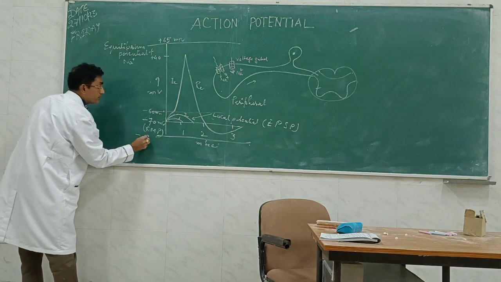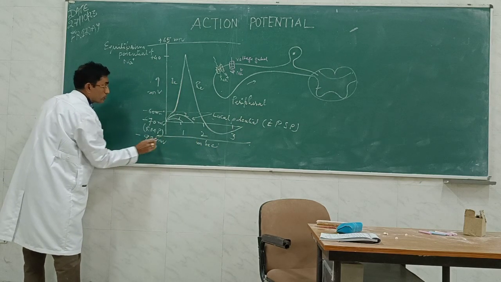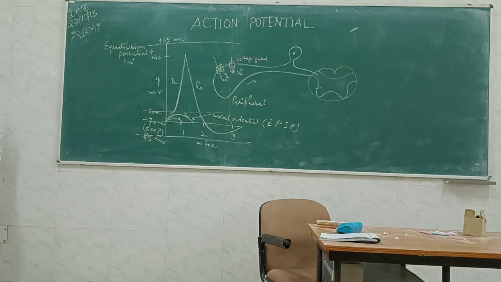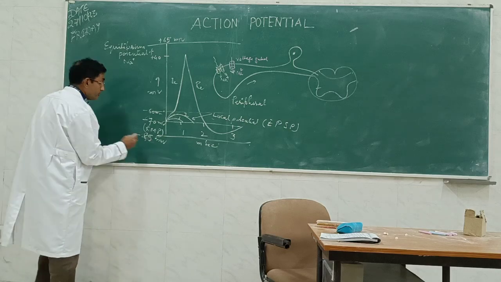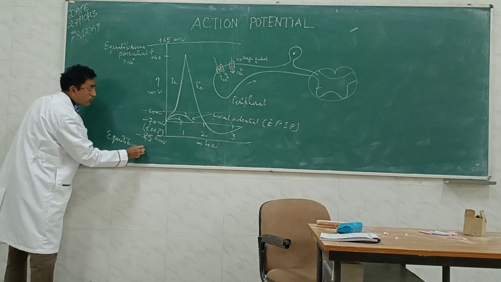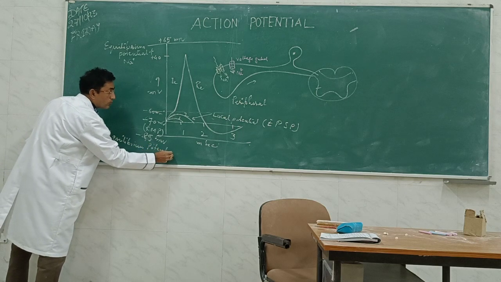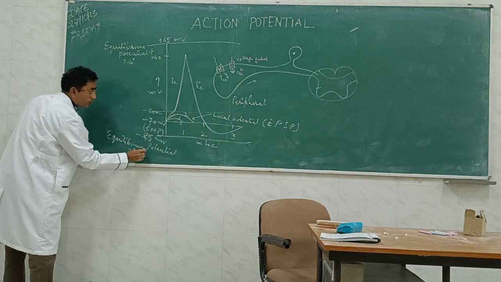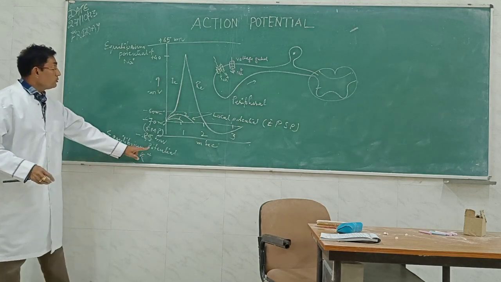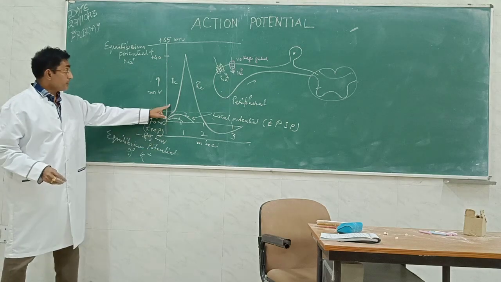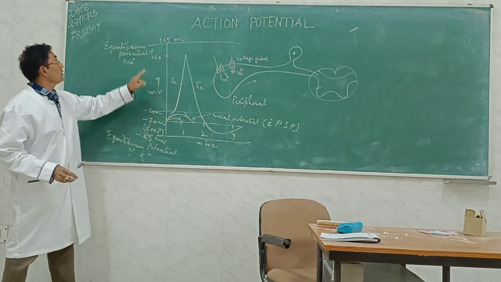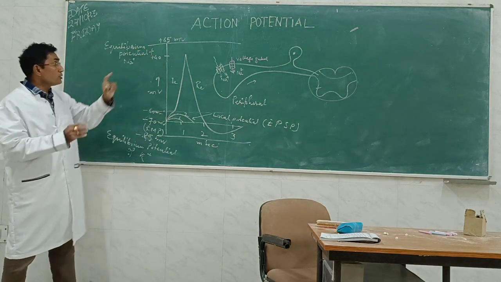The equilibrium potential is minus 90 millivolt, or the most correct value is minus 85 millivolt. That is the equilibrium potential of potassium. Now what is the meaning of equilibrium potential? It is that potential where there is no movement of ion. So here we can see that the equilibrium potential means there is no movement.